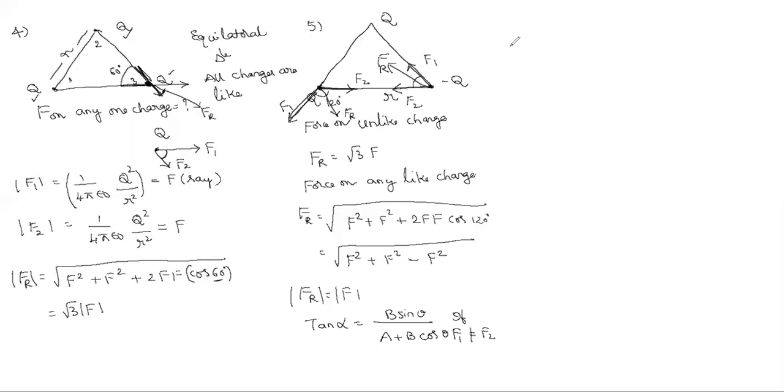Suppose here, how many charges will be? 3, sir. If I take the next one, more than 3, suppose 4, 5, 6 like charges placed at the corners of a square, pentagon, hexagon, octagon. Suppose you take many sides. In this particular case, this is a square.